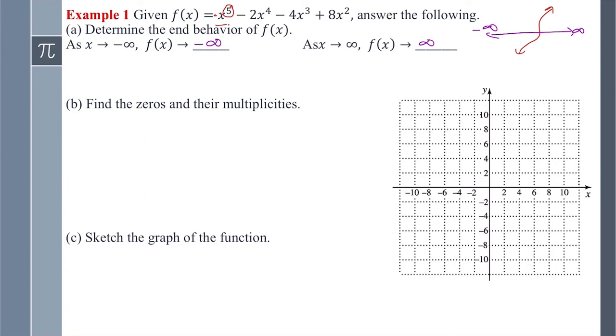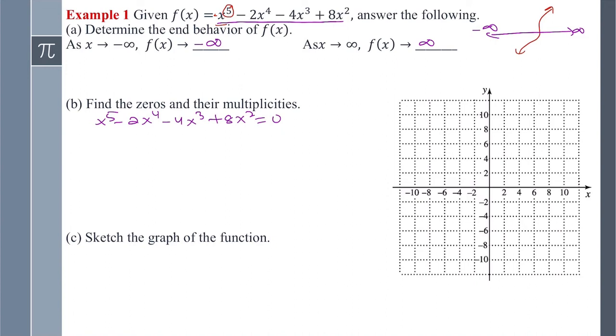Now the next thing is we are going to find the zeros, and state the multiplicities of the zeros. In order to find the zeros, we set the function equal to 0 and solve for x. So we have x to the fifth minus 2x to the fourth minus 4x cubed plus 8x squared equals 0.